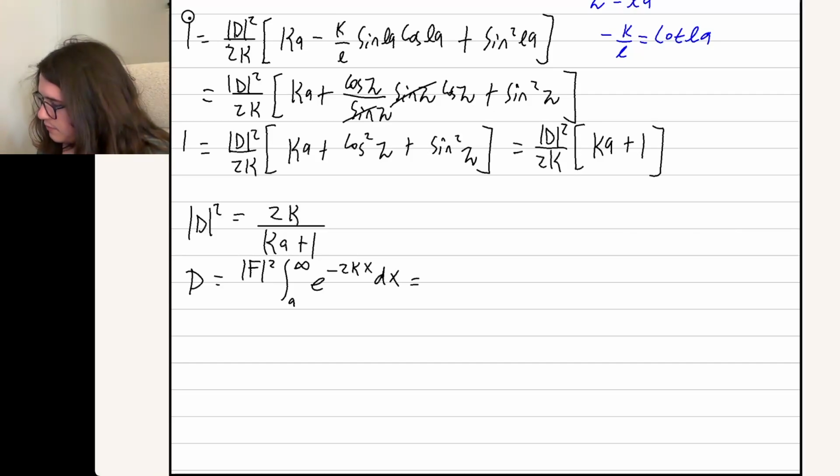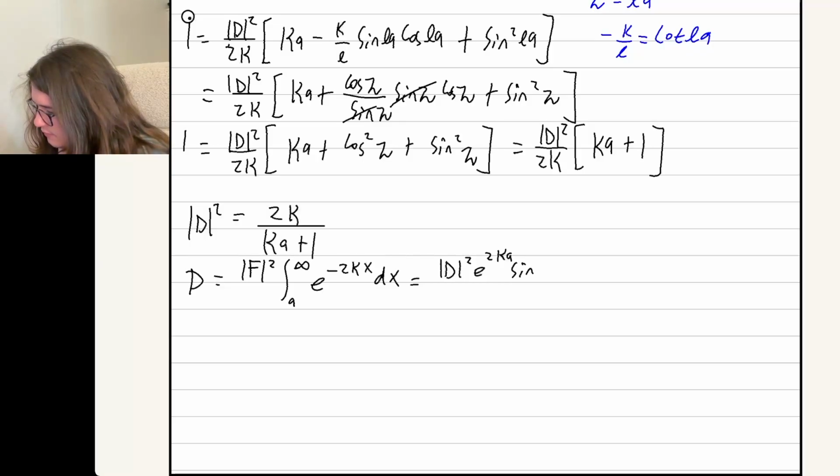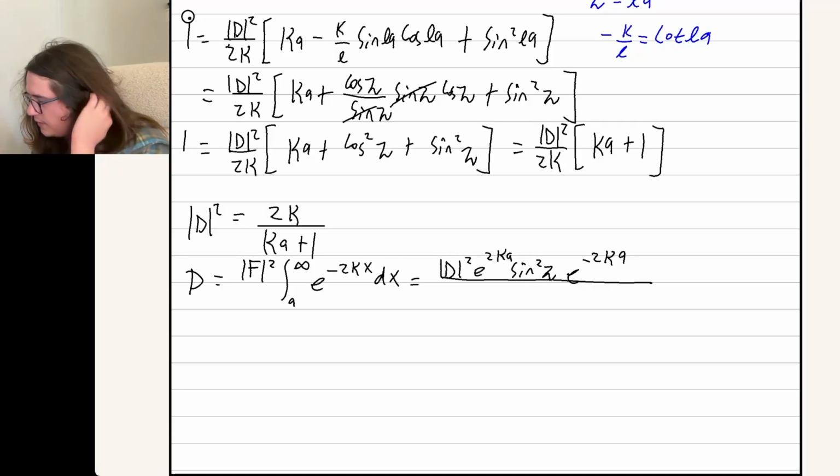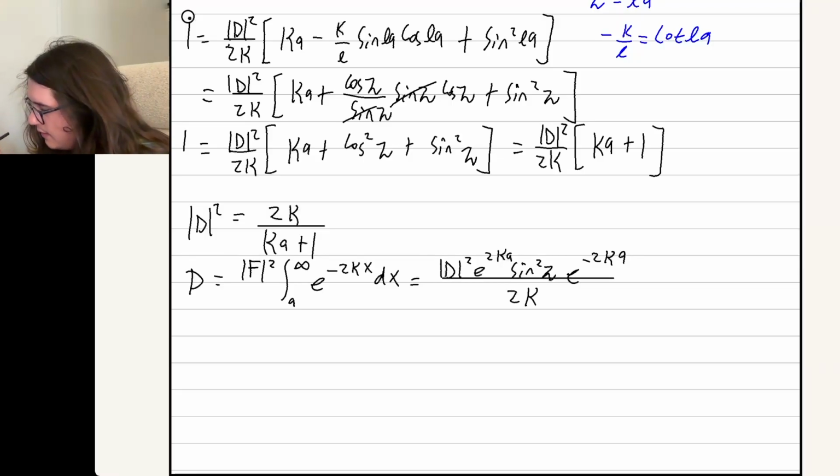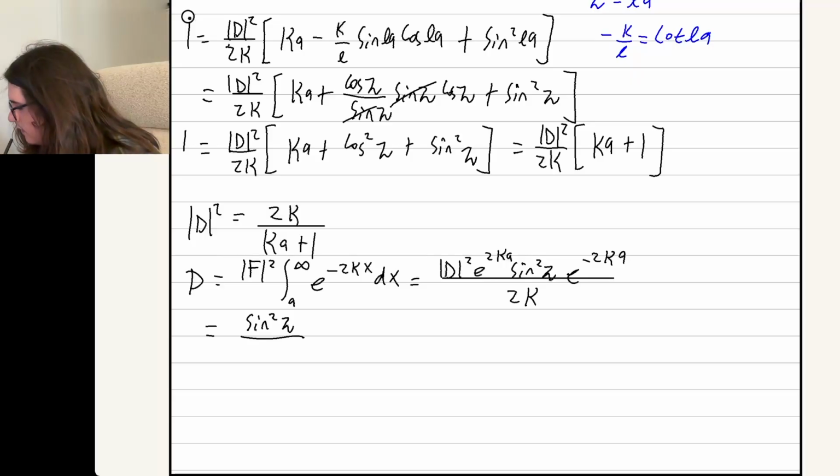So let's expand the definition again as d squared e to the 2 kappa a sine squared z e to the minus 2 kappa a, and it's all over 2 kappa even. According to what we just found from the normalization, we can rewrite this as sine squared z over kappa A plus 1.